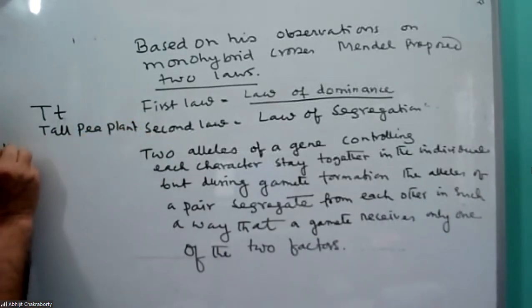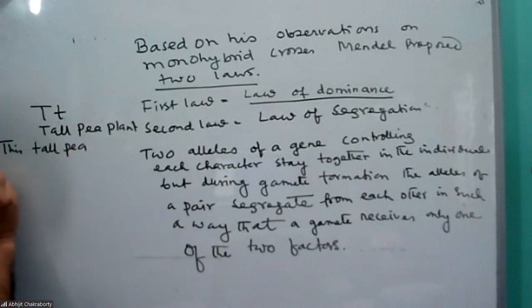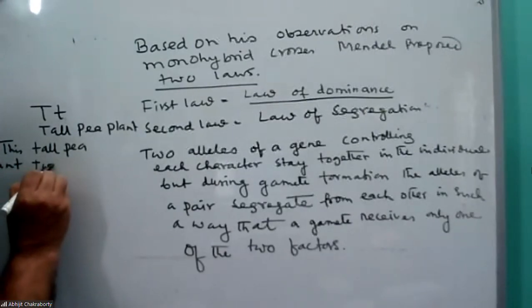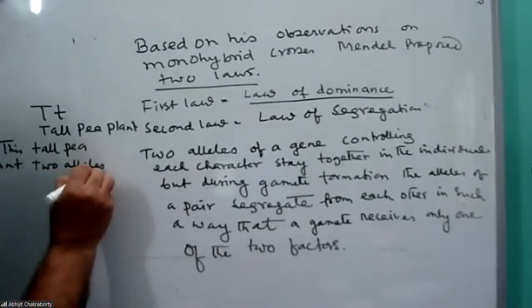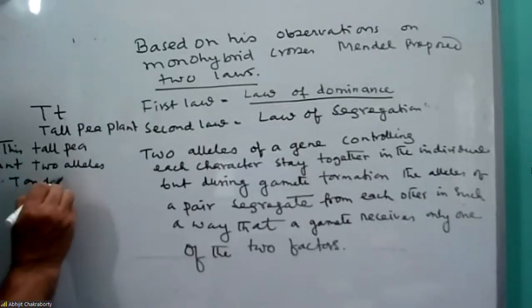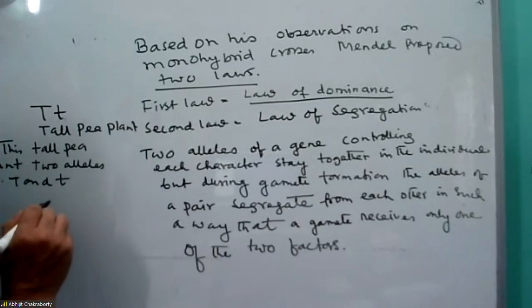In this tall pea plant, two alleles, capital T and small t, stay together.